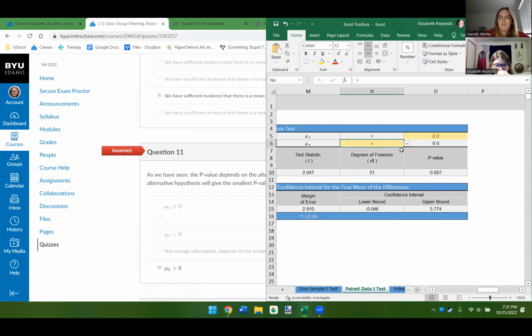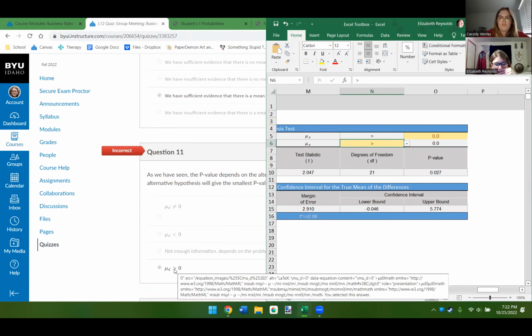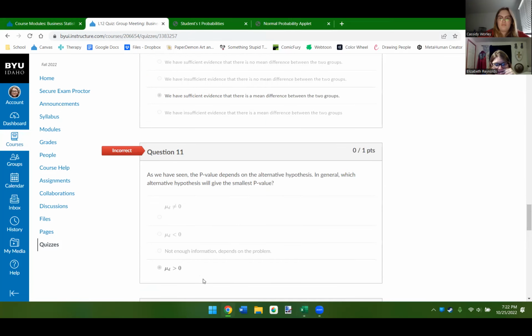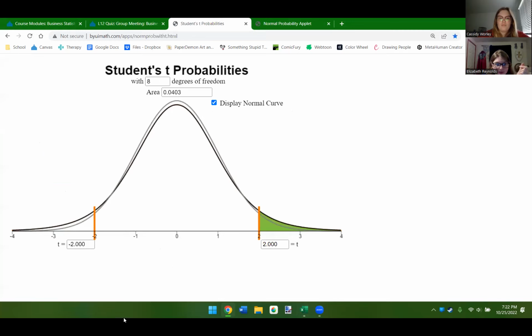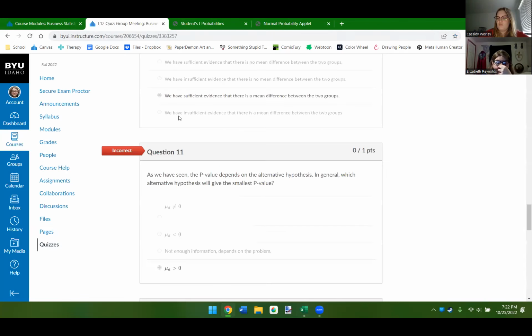Did I click the right symbol? Yeah, I clicked the right symbol. That is very weird. I feel like this would usually give the smallest p-value because, like, if you look at the number line as it moves down here, it just gets smaller and smaller. But maybe we just don't have enough information.